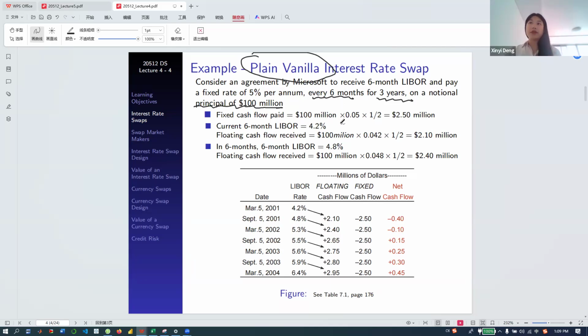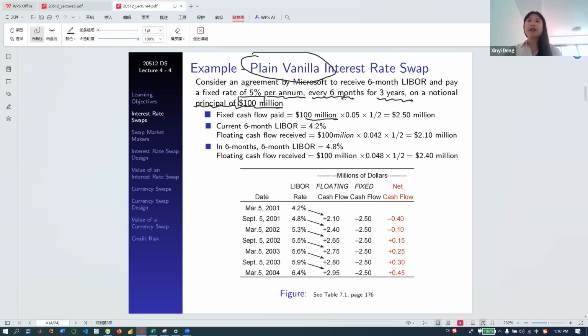Then, as we discussed earlier, we would basically be calculating those interest payments. So the fixed cash flow paid is going to remain the same for every 6 months. So it's just 100 mils, the notional principal. Remember, this is a notional principal times the 5%, the fixed rate, but it's a per annum rate.